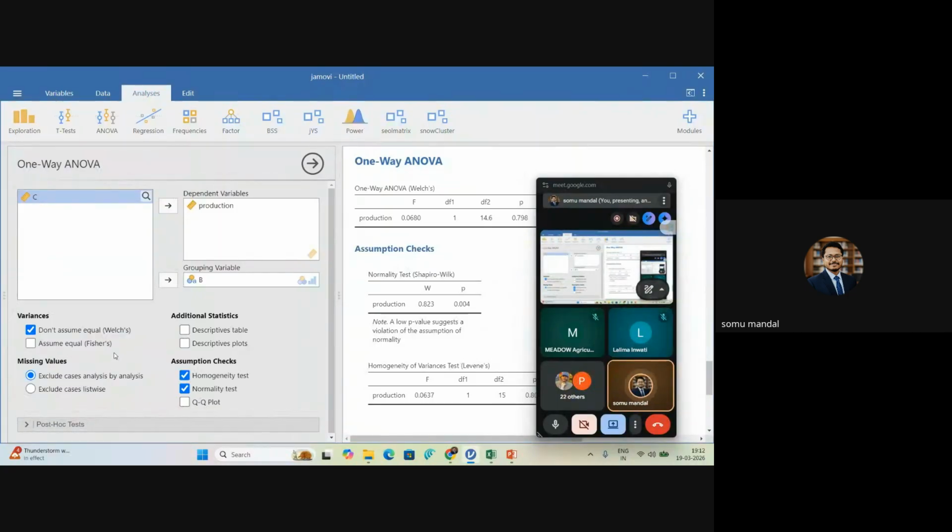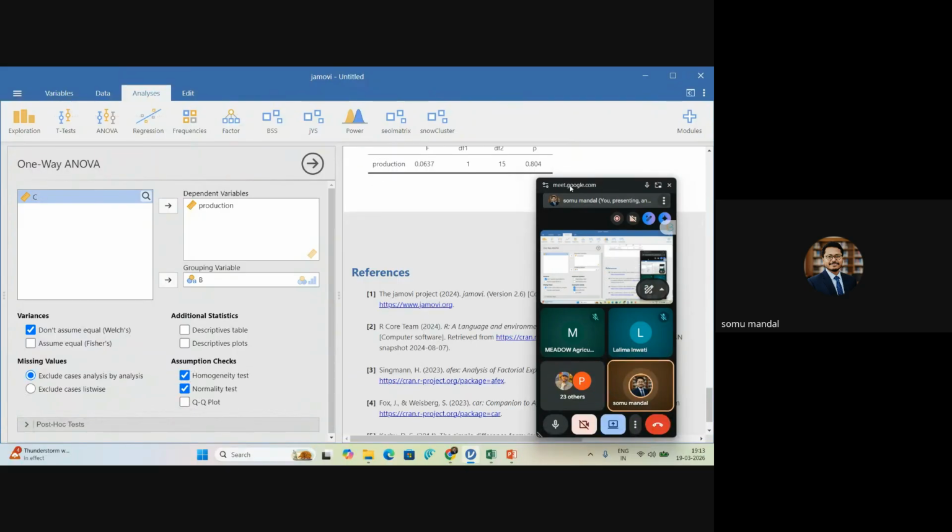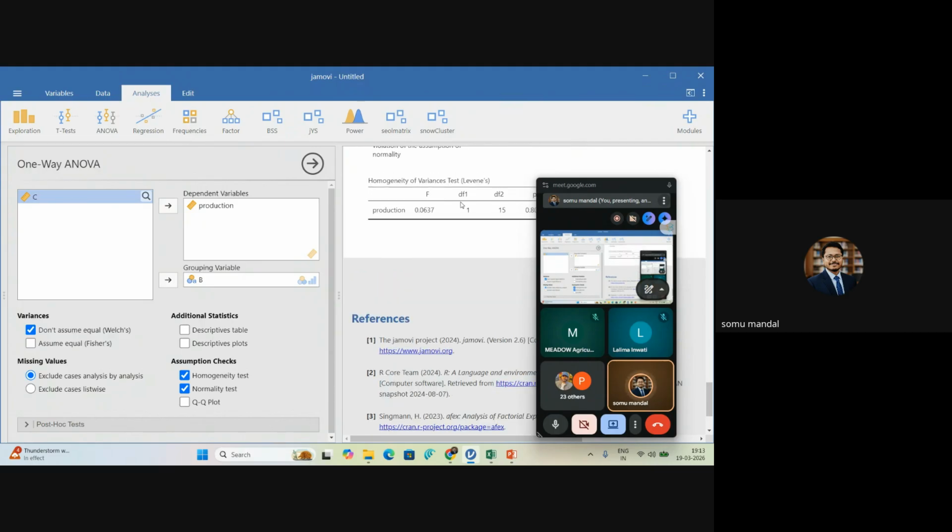In case of unequal variance, we consider the Welch test, in the t-test or in the ANOVA. Look here, the value is 0.804, so the variance is not equal. So here we consider the Welch test, which does not assume equal variance.